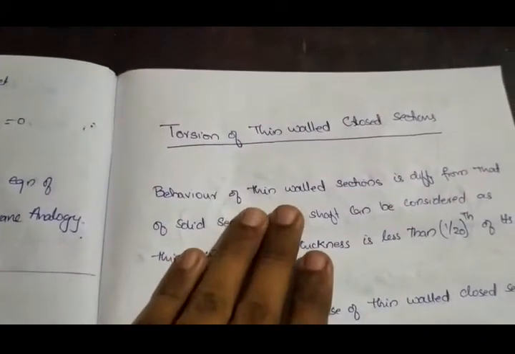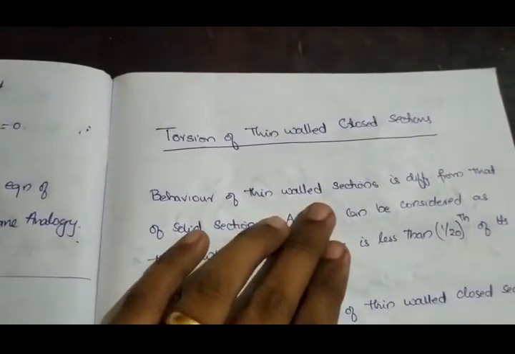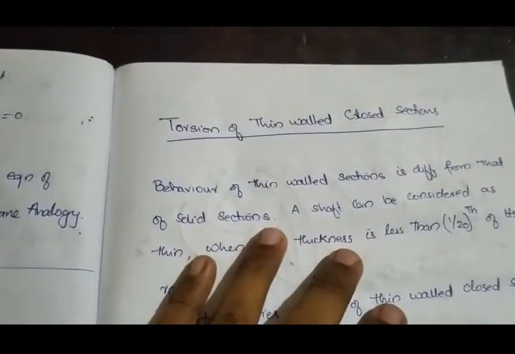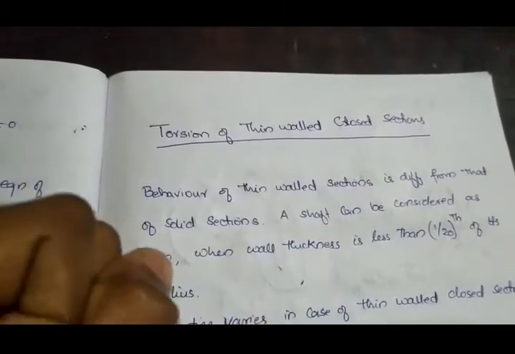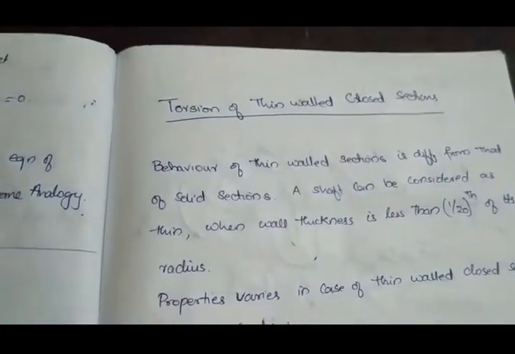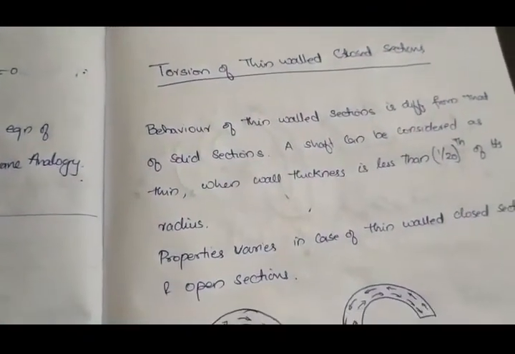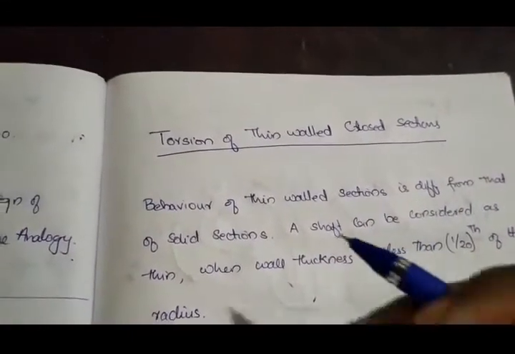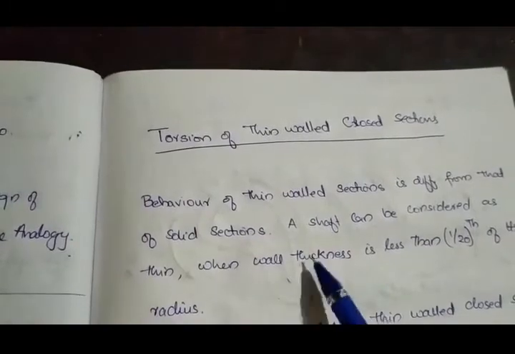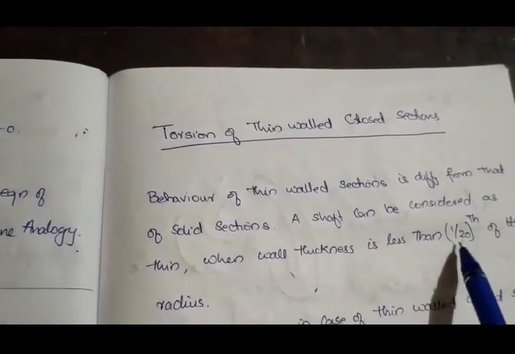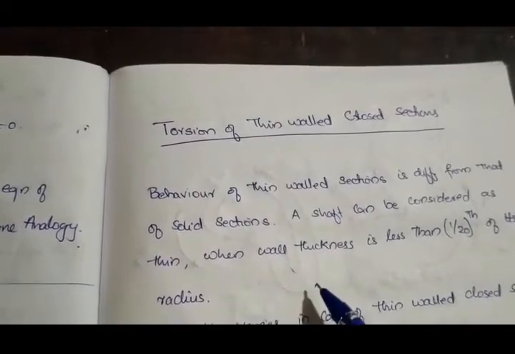So the behavior of thin walled sections is different from that of solid sections. Thin walled means they will be hollow, right? It is different from closed sections. A shaft can be considered as thin when wall thickness is less than 1/20th of its radius.